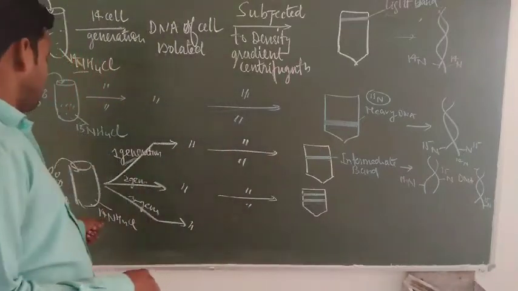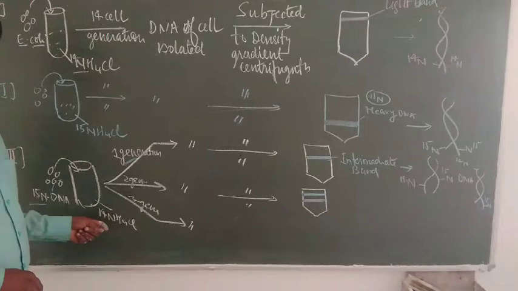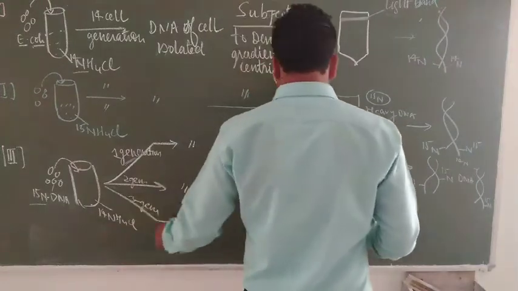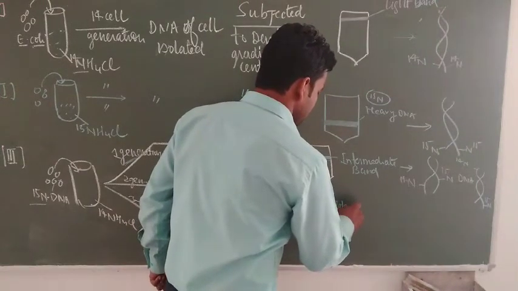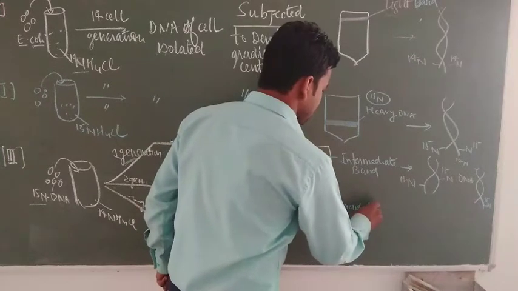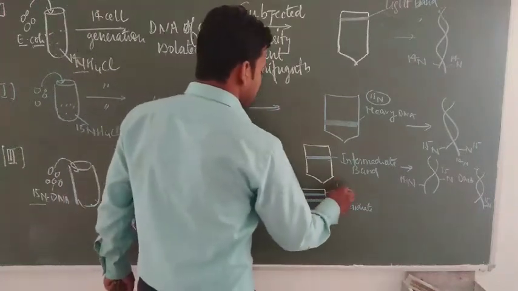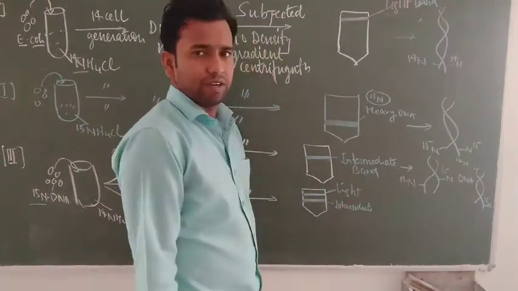Why? Because the solution contains NH4Cl, N14 ammonium chloride, that is a light nitrogen. Here one intermediate is constant, meaning one copy of DNA is conserved, and the light band formation is from new strands formed from the intermediate strand.